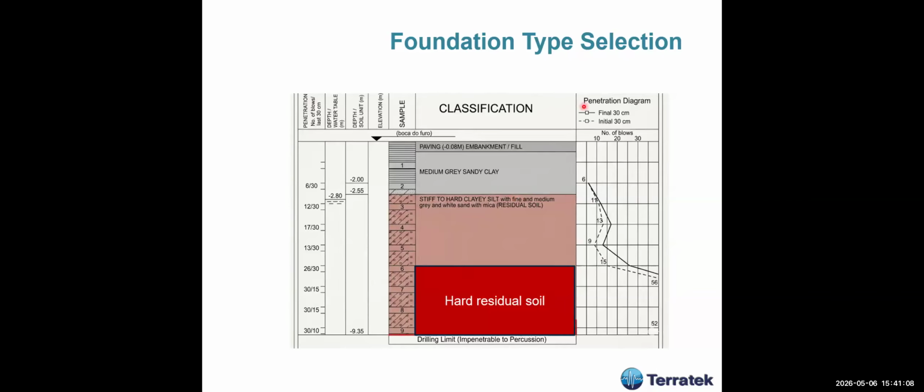One of them is to design a short Franke pile. If you have a Franke pile bearing on this hard residual soil, that's going to be a very good solution. There are other possibilities, depending on the load. If it's a bridge, for instance, with a very high load, you can do bored piles, but then you have to go into this hard layer, which sometimes is not easy to install the pile.